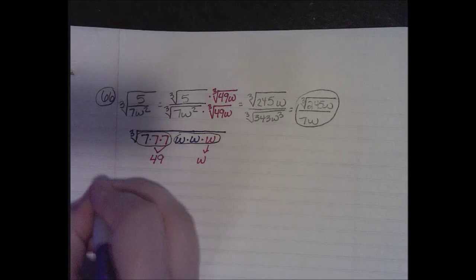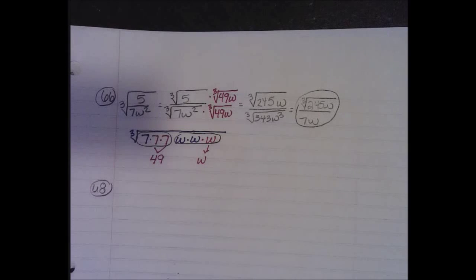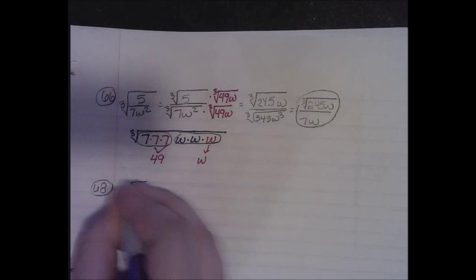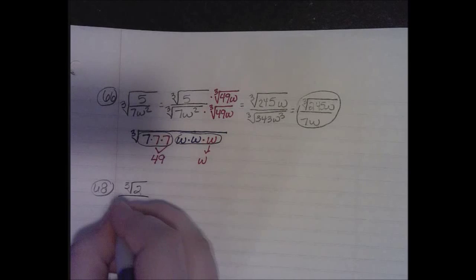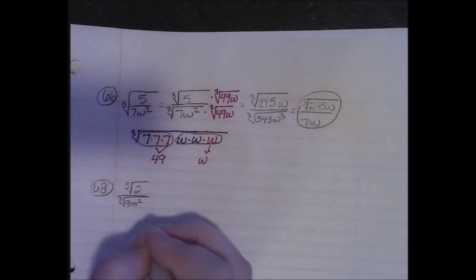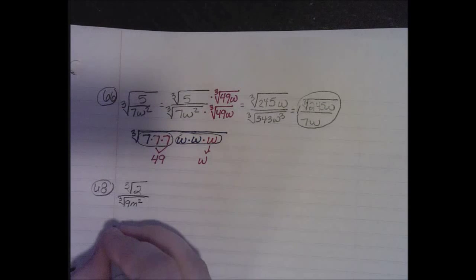So we know that since we can't simplify any of this, we are now finished. Now on to number 68. 68 says I've got the cubed root of 2 over the cubed root of 9m squared. So I'm going to write down what I have in blue and what I need in pink.